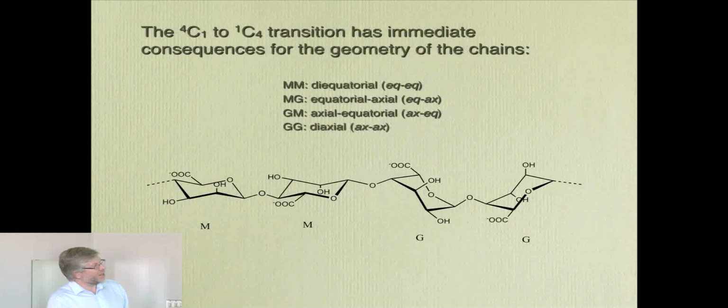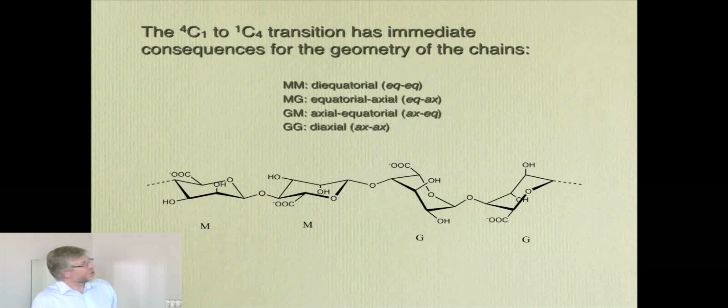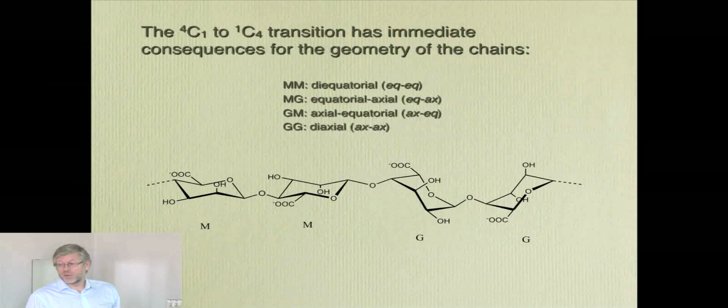So this is x, and so on. You can see that if you go from a G to an M, it will also be axial this way and equatorial this way. So Gm is x. And finally, the most interesting part is between 2G, because this linkage is axial compared to this direction, and this linkage is also axial compared to the direction of the sugar.